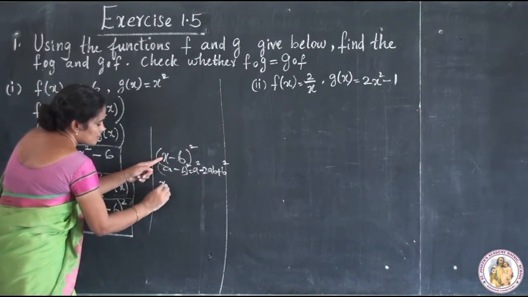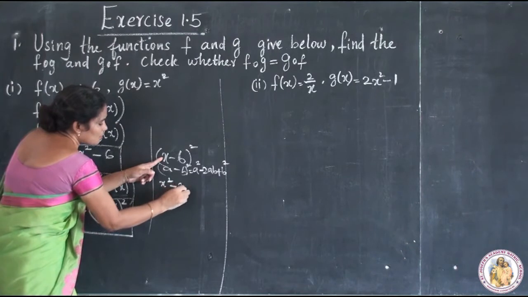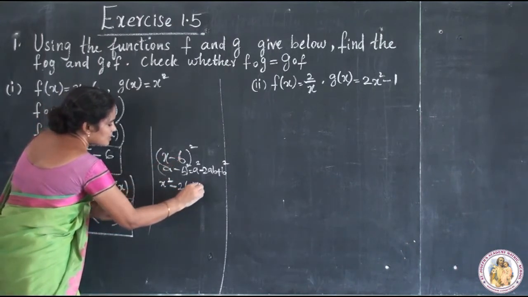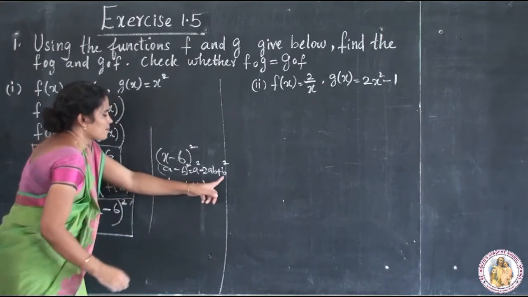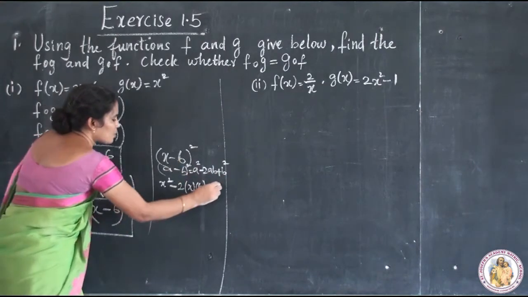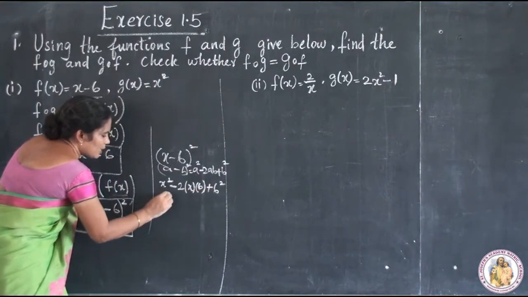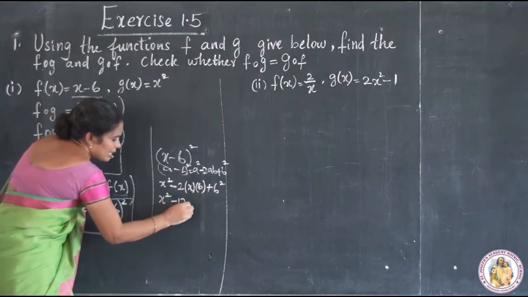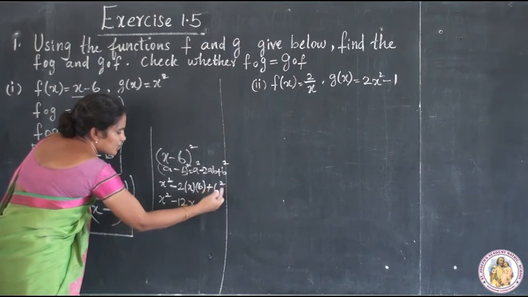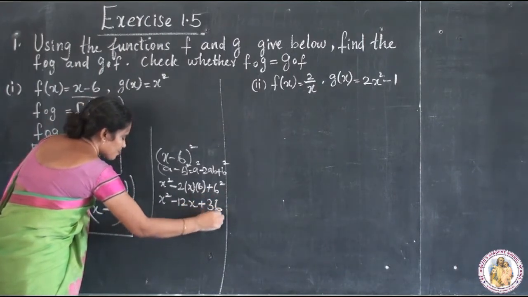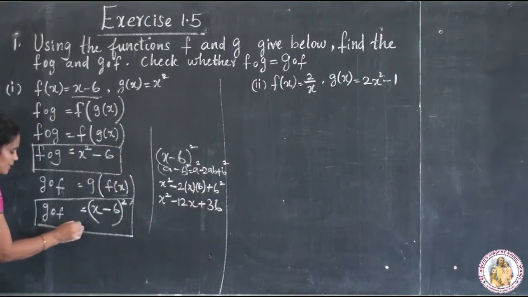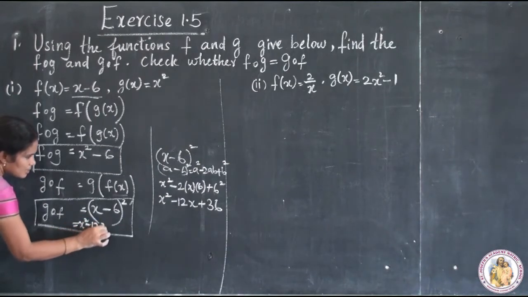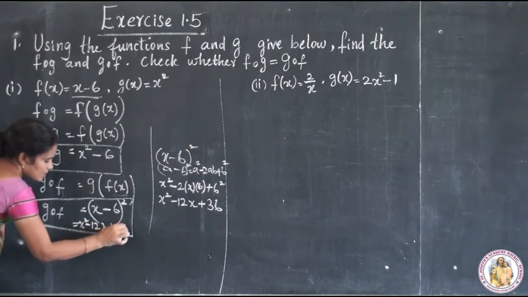X. Minus 2, a is x, and b is 6, plus b square, that is 6 square. So x square minus 12x plus 36. Okay, you can write x square minus 12x plus 36.